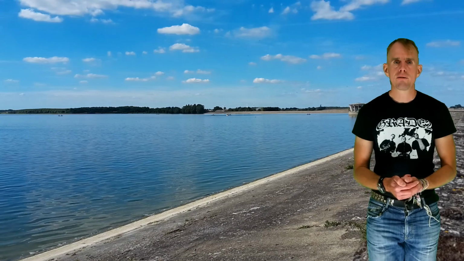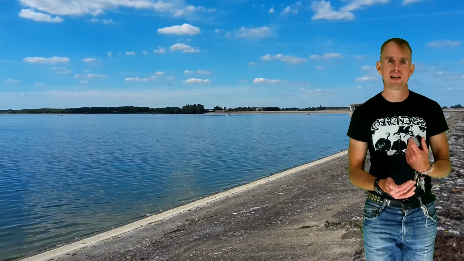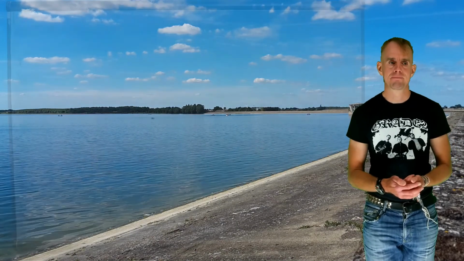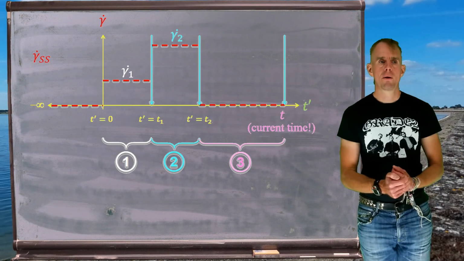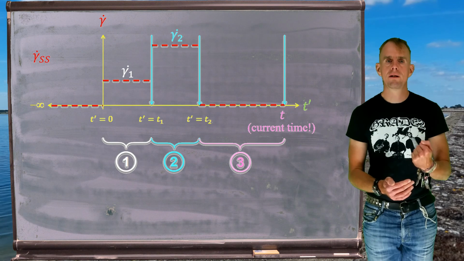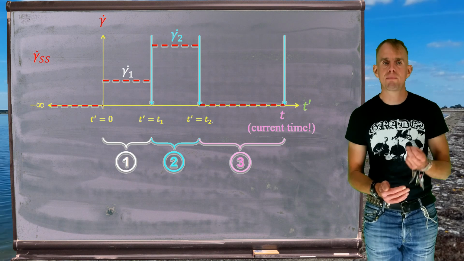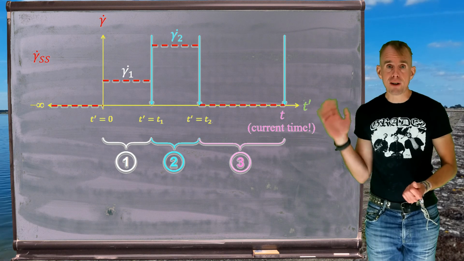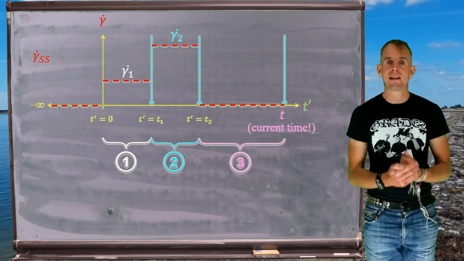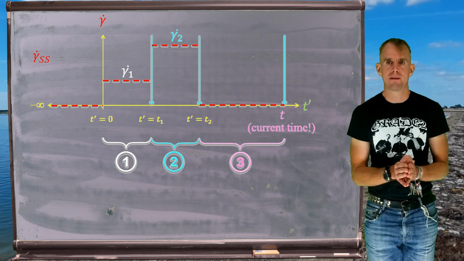So let's have a quick look at the deformation history we're going to be examining. Here on the blackboard we have strain rate gamma dot plotted as a function of past time t dash, and the blue arrow on the far right hand side is where t dash equals t. That is current time.